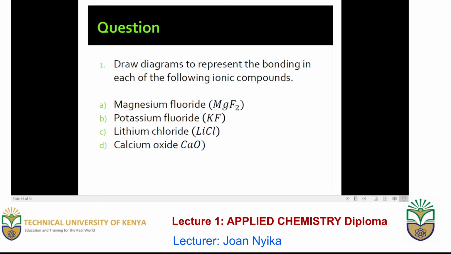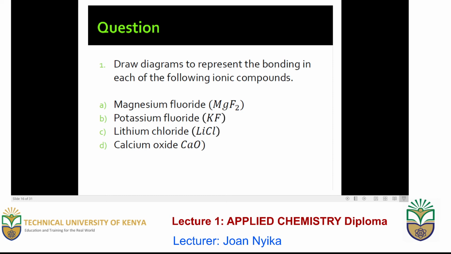So here are some questions you can attempt to see how we can represent the ionic bonds of magnesium fluoride, potassium fluoride, lithium chloride and calcium oxide. Remember, to represent these ionic compounds, you have to know what a valence is.